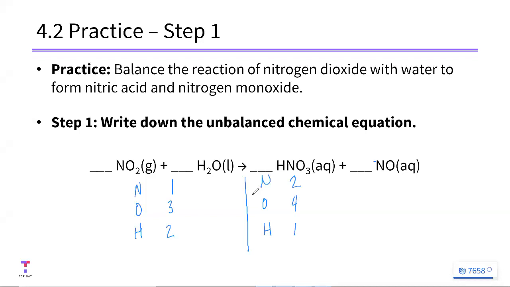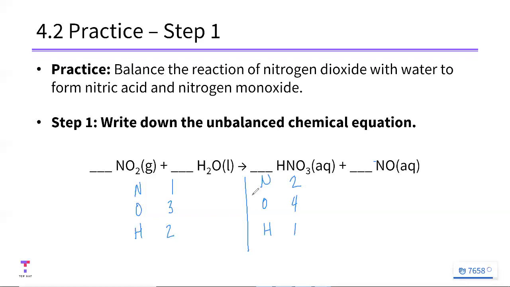The reason is that oxygen is in all 4 of these compounds. So when I start throwing coefficients in here, it's going to be really difficult to figure out how to balance the oxygen, because every time I change something, oxygen's going to change along the way. So as a result, we're going to leave oxygen for last.